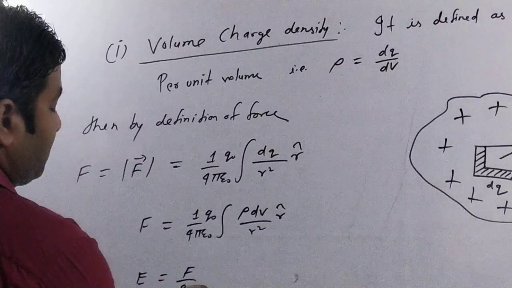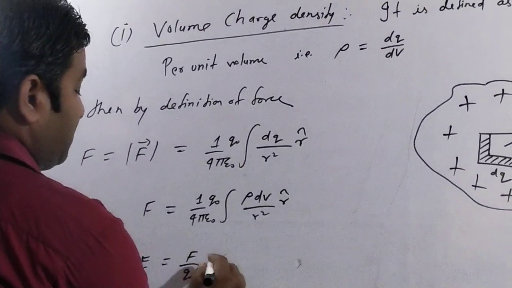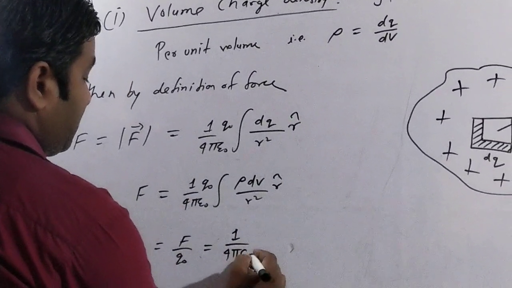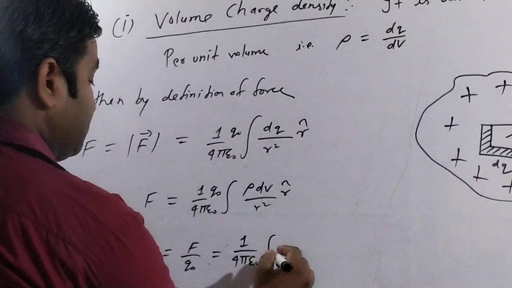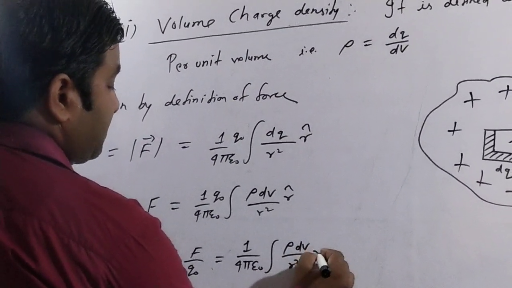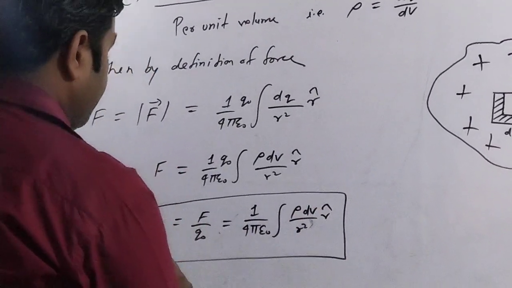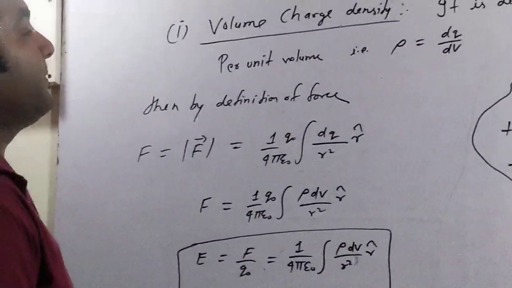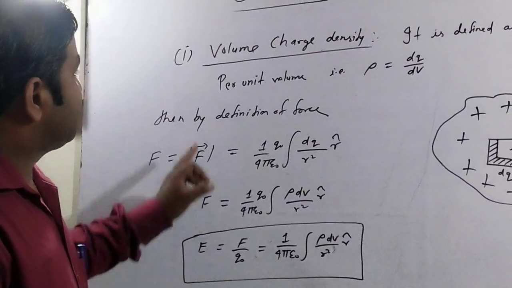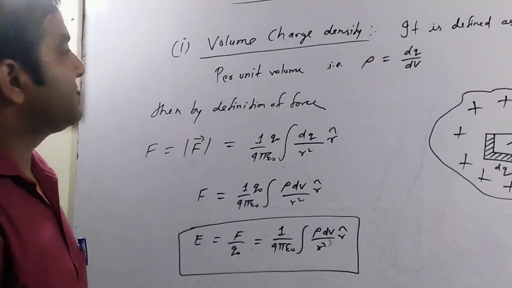F upon q naught. So whenever F upon q naught is taken, then E is 1 upon 4 pi epsilon naught integration rho dv upon r square r cap. Similarly, we can calculate the value of force and intensity for surface charge density as well as for linear charge density.